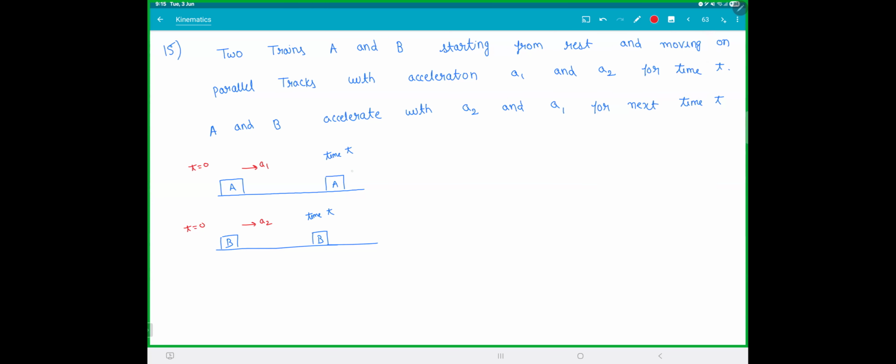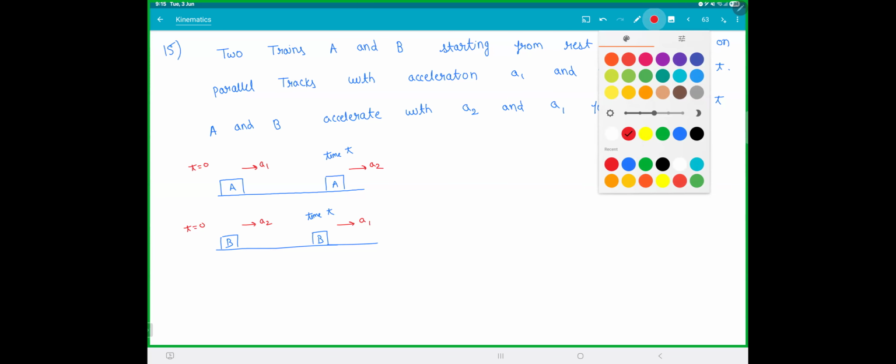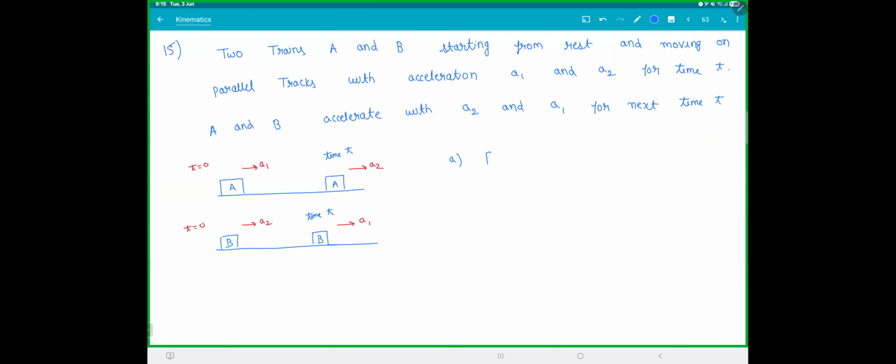After this time t, the acceleration of this one becomes A2 and this becomes A1. Both got interchanged. Find the ratio of SA by SB in total time 2t. The trains travel for a total time 2t.